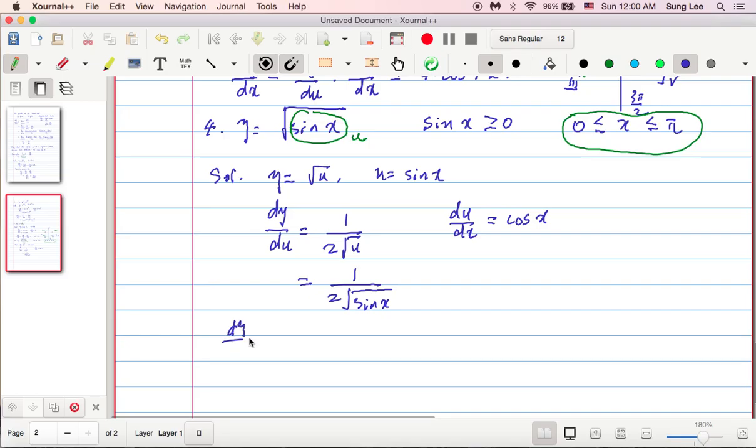So dy by dx by the chain rule is dy by du times du by dx, which is cosine of x over 2 times square root of sine of x. So that's going to be the answer.